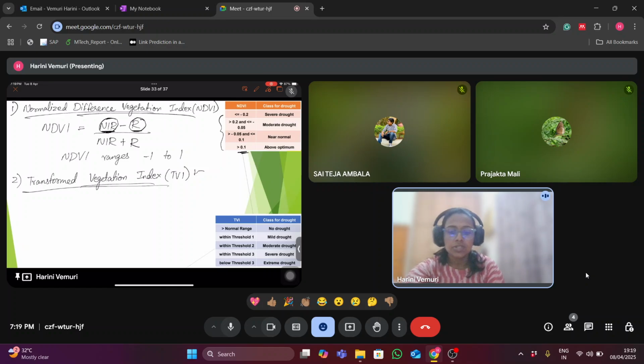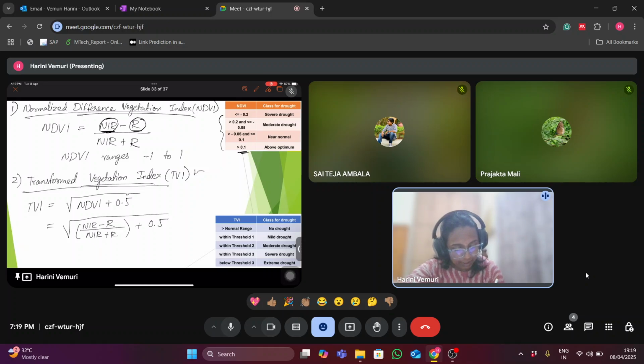It is sensitive to changes in both leaf area and chlorophyll content, and TVI is given as root of NDVI plus 0.5. That means root of NIR minus R by NIR plus R plus 0.5. The range is between 0 and 1.2 for TVI.